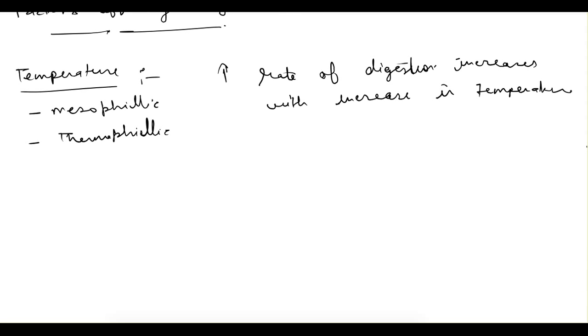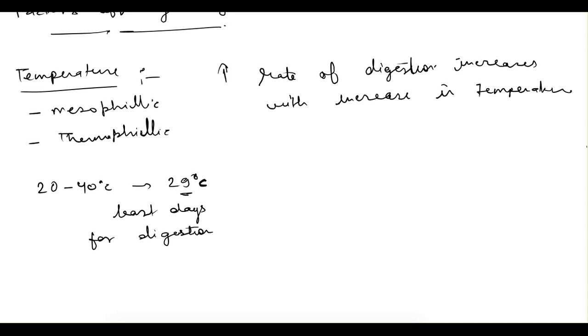Mesophilic bacteria work in the range of 20 degrees Celsius to around 40 degrees Celsius, and the optimum temperature for these bacteria is around 29 degrees Celsius. At this temperature, it takes the minimum number of days for digestion of sludge.